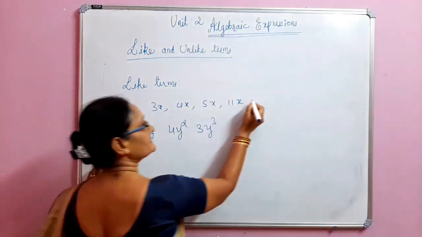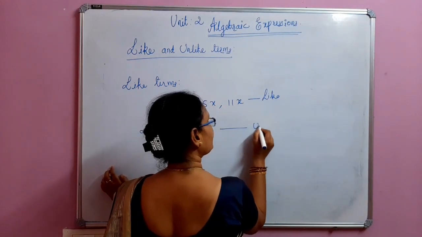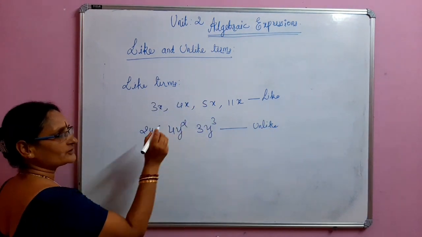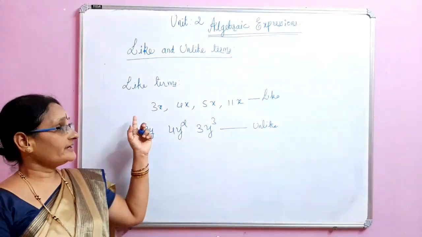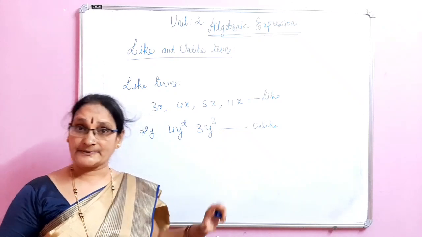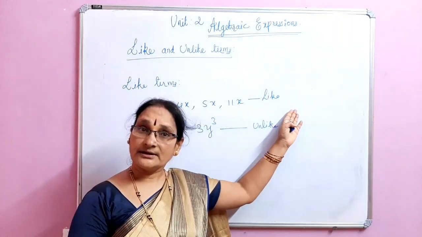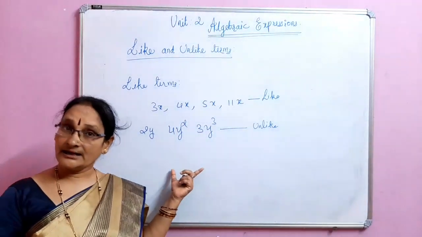This is like term and this is unlike. Unlike also we can take so many, like also we can take so many. You know that already, A to Z alphabets we are using for the variables purpose only. So many like terms you can write using those variables, even the unlike also.